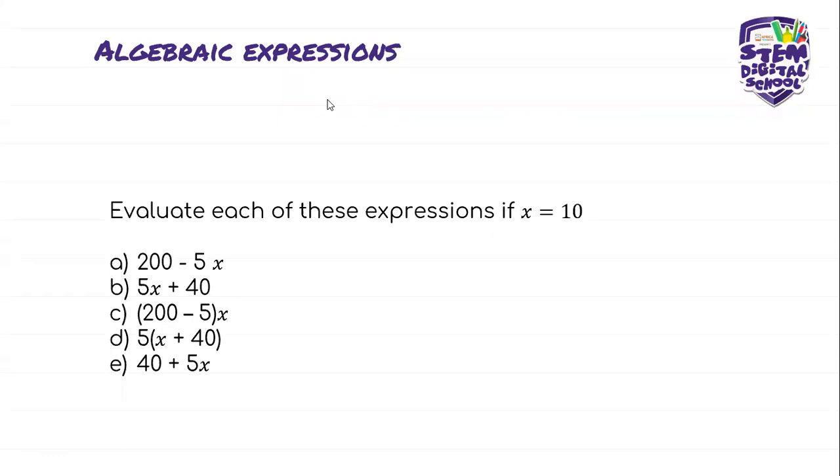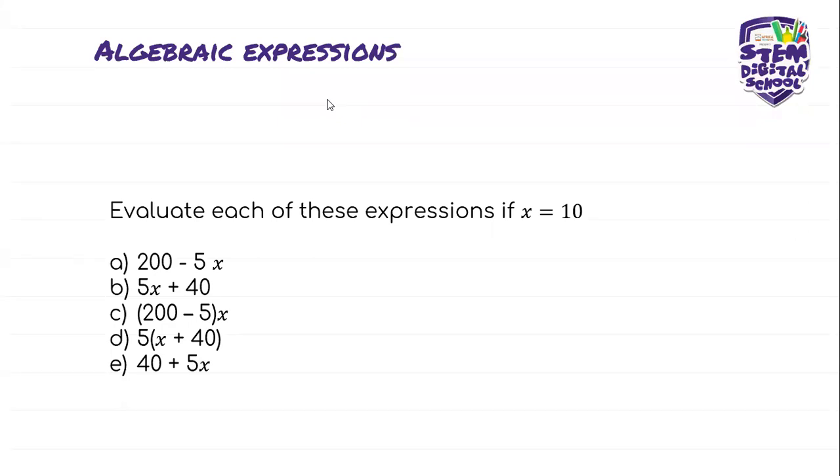If you have a pen and a paper with you, please substitute the value of 10 there in the expression in D and tell me what do you get? What is the answer that you get?